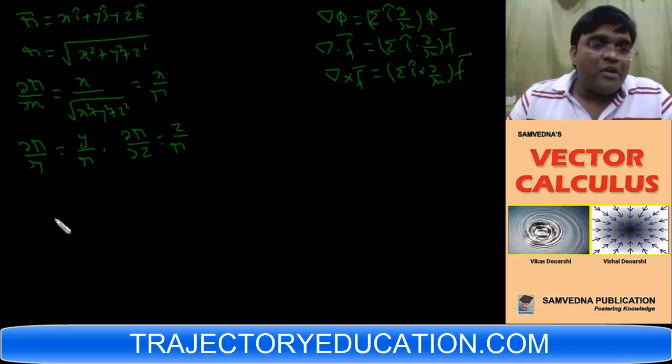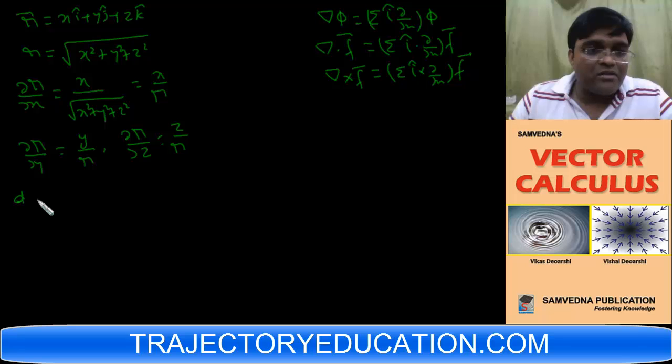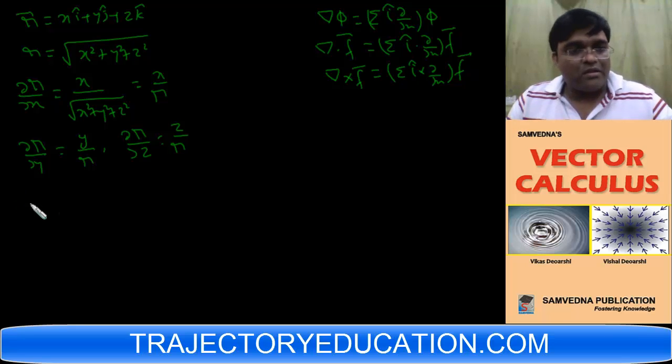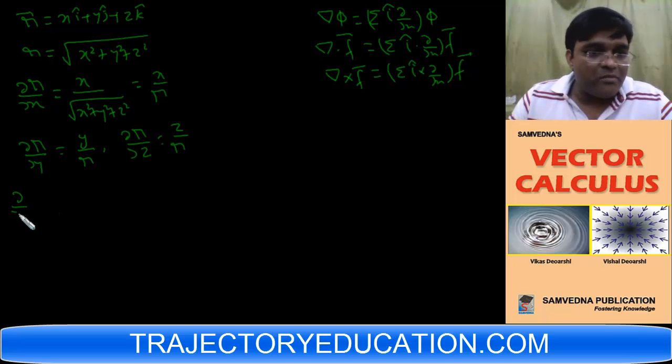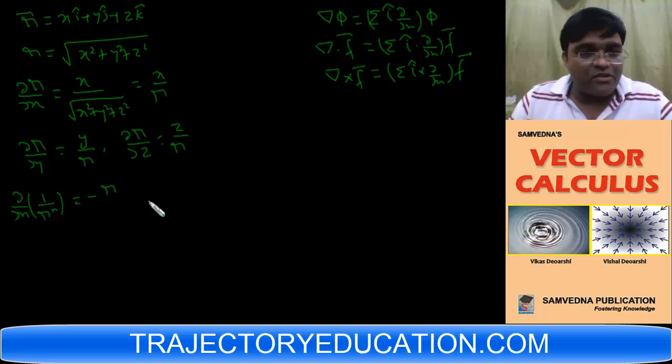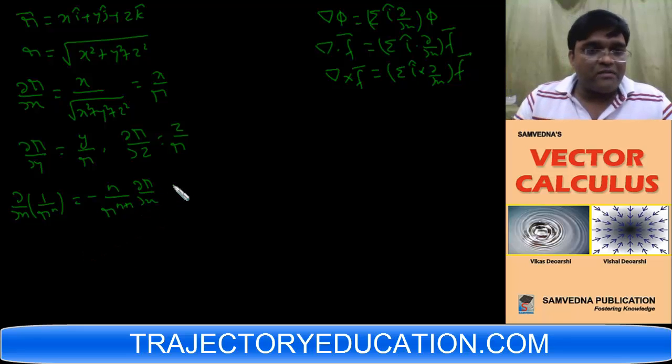And dou r by dou z will be z upon r. Now one more thing, you must remember that d by dou x of 1 upon r to the n is something you must remember. This will be minus n upon r to the n plus 1 times dou r by dou x, which will be nothing but minus n x upon r to the n plus 2. Remember this.